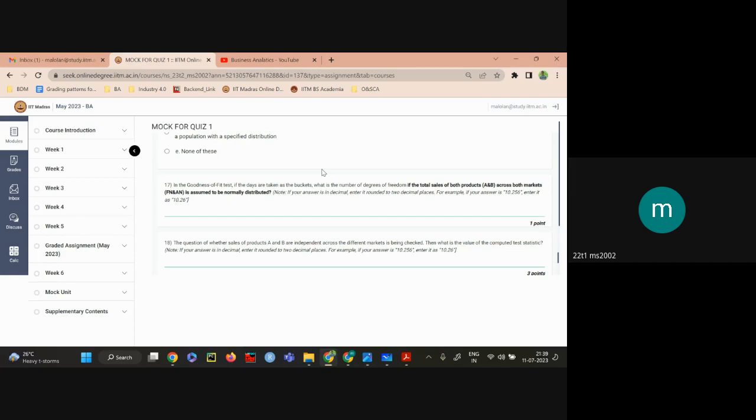Goodness of fit: it is K minus P minus 1, number of bins minus number of parameters that you compute minus 1. In test of independence, it's going to be a table basically. There it is number of rows minus 1 into number of columns minus 1. Number of row categorical variables, number of column categorical variables. So there are two different tests.